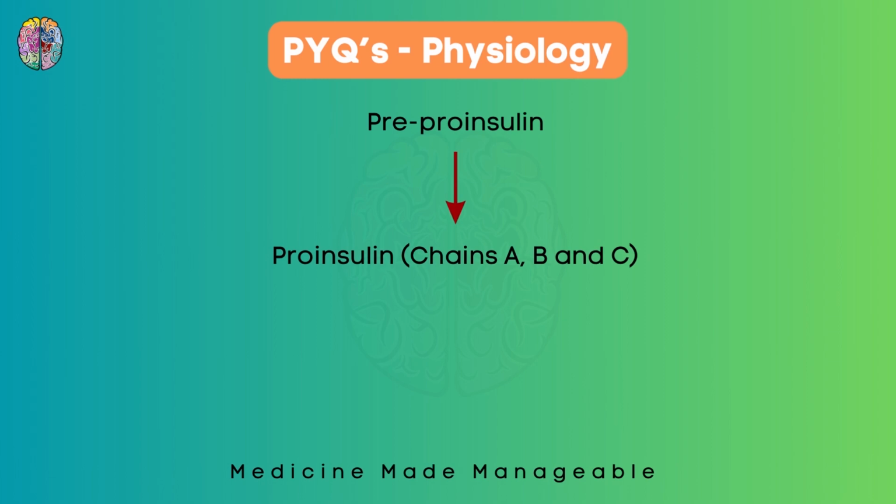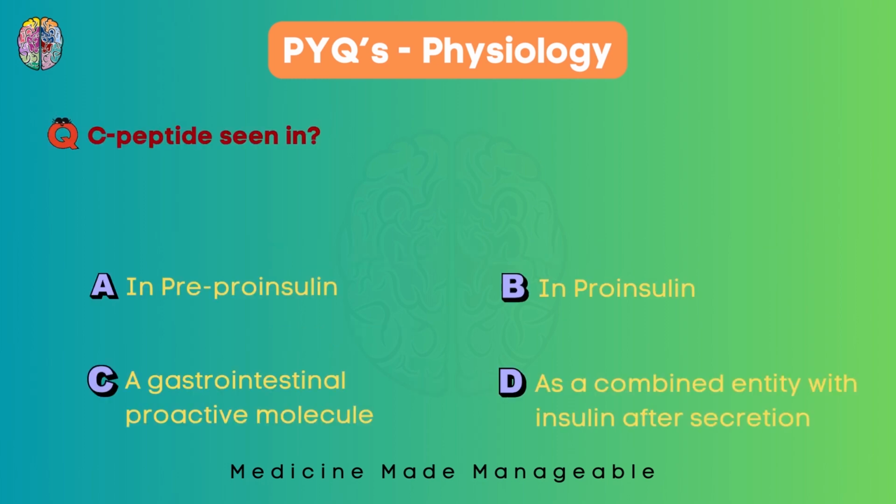This is converted into proinsulin, which has 3 chains: chain A, B, and C. And then this proinsulin is finally converted into insulin by the removal of the C peptide. So this is the order which you have to remember, which they might ask in the future exam. You can see that the C peptide is removed from proinsulin and not from pre-proinsulin or insulin. So coming back to our question, our correct answer is option B.